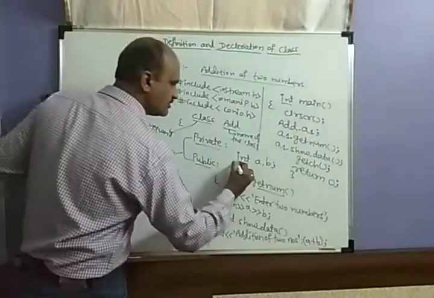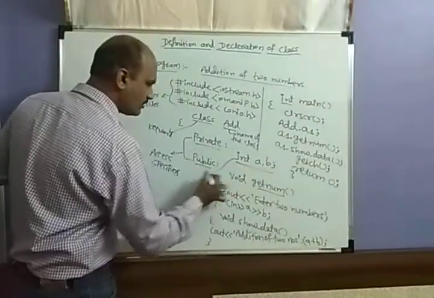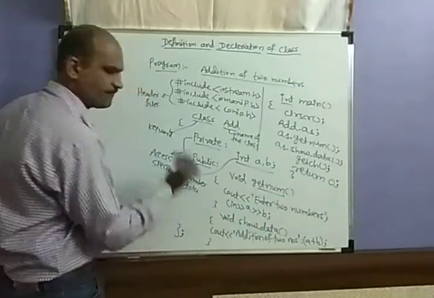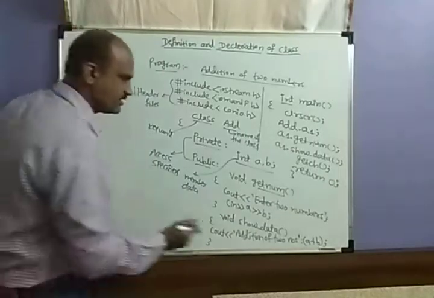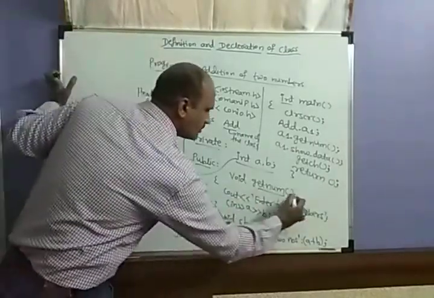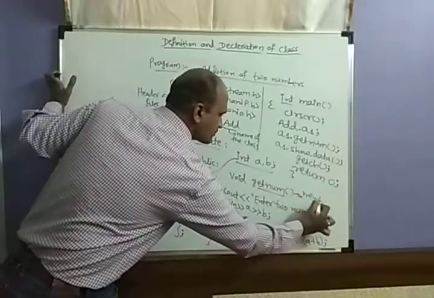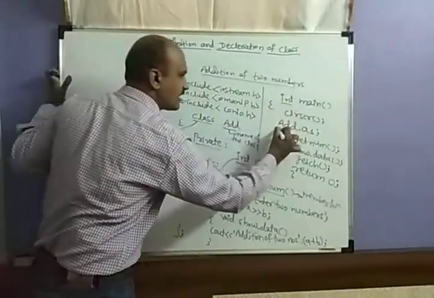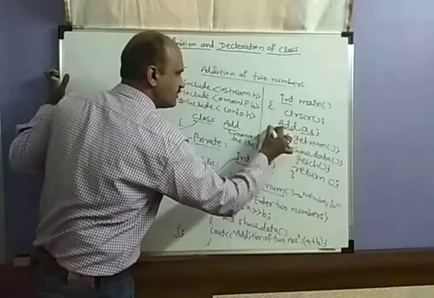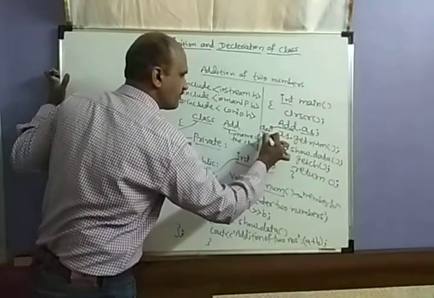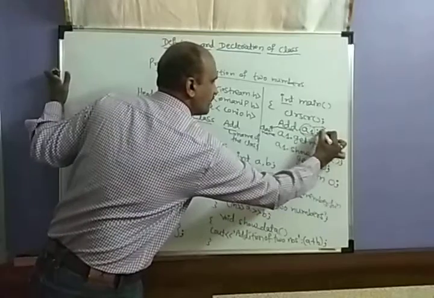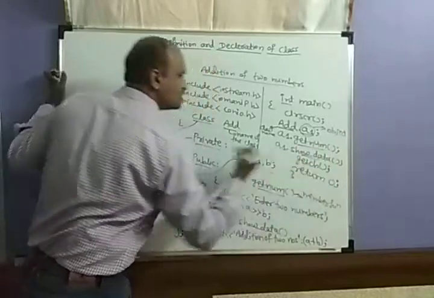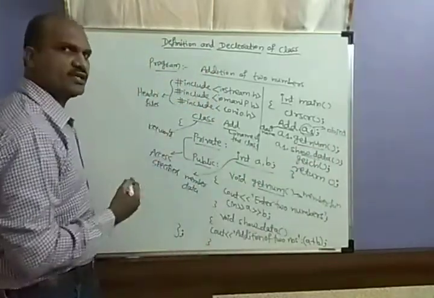What you declare here is the member data, meaning your variables. Now you declare void getnum and void show; these are the member functions. In main we created an object with the class name, and a1 is the object of that class. From that object we are calling these two functions, whatever you declared in the public.